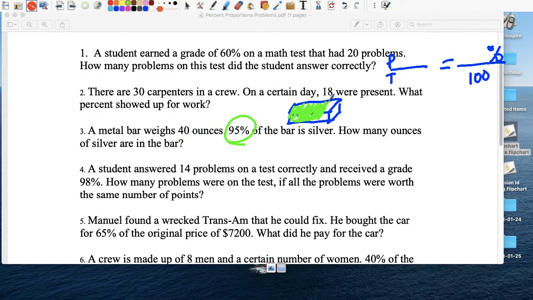So la barra toda no es toda de plata. Hay un poquito que es otro material. There's a little bit that is another material. So we want to know de los 40 ounces, ¿cuántos ounces son plata, hecho de plata? Right? So percent we have? 95. 40 ounces es el total.